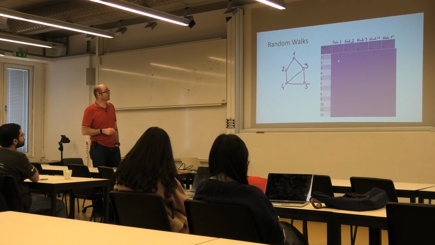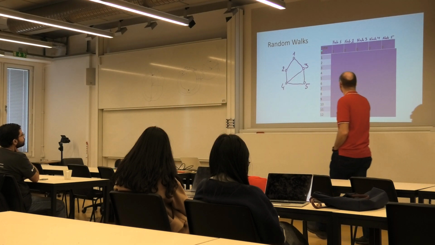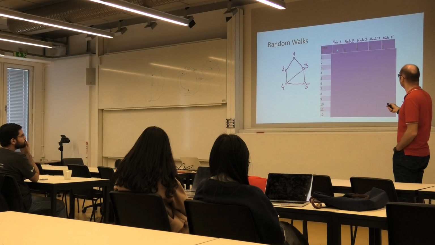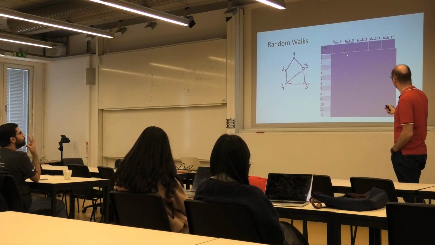Okay, now tell me, if we have such a graph, and we say that at time 0 the probability that the message is in node 1 is 1, so basically we have a walker here, and in the rest we don't have anything, so the probability at time 0 at the other nodes is 0. Now tell me, at time 1, what will be the probabilities that we see the walker?